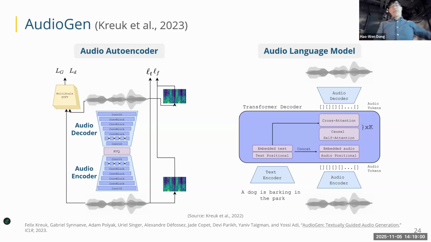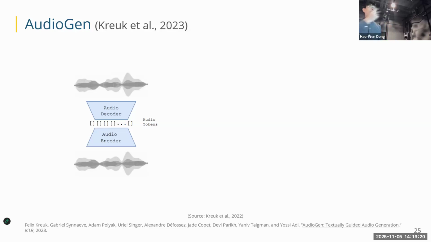But AudioGen is the first model that people looked into this kind of idea to generate audio or music that we care about using this kind of model. So this is the figure you will see in the paper.